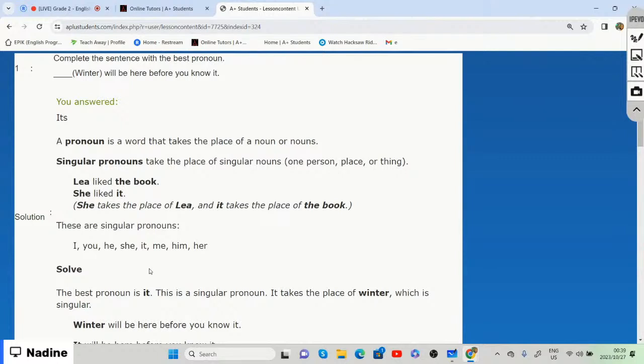And then we have our singular pronouns, which are I, you, he, she, it, me, him, and her. Another example is Leah liked the book.